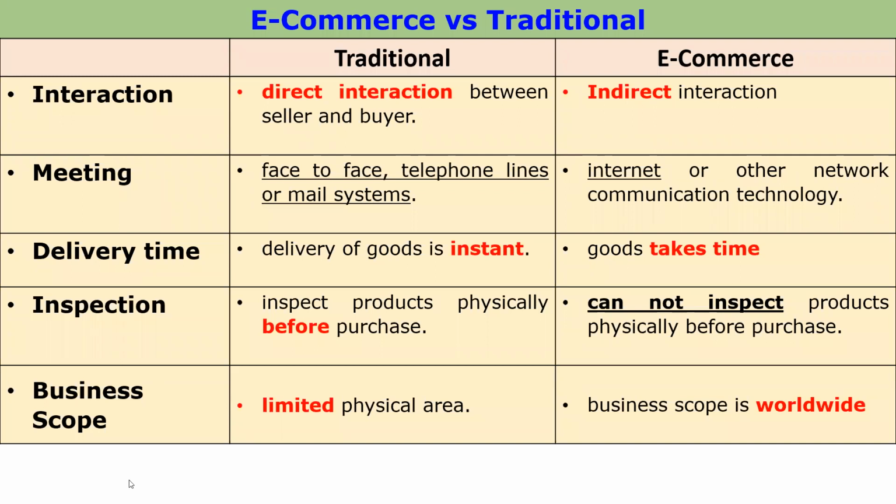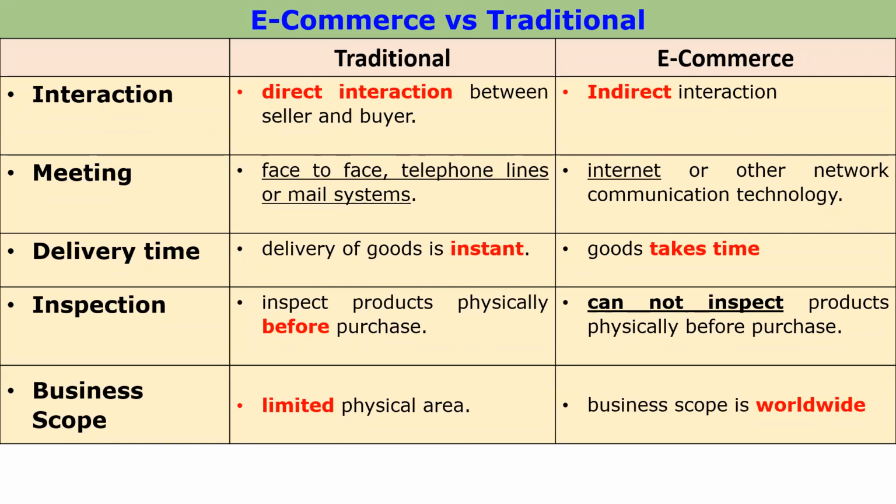Right, I think you have finished writing this table. This table compares the traditional transaction and the e-commerce transaction. This comparison can be made regarding 5 descriptions. The first one is interaction. In the traditional transaction, the interaction is direct, while e-commerce is indirect.